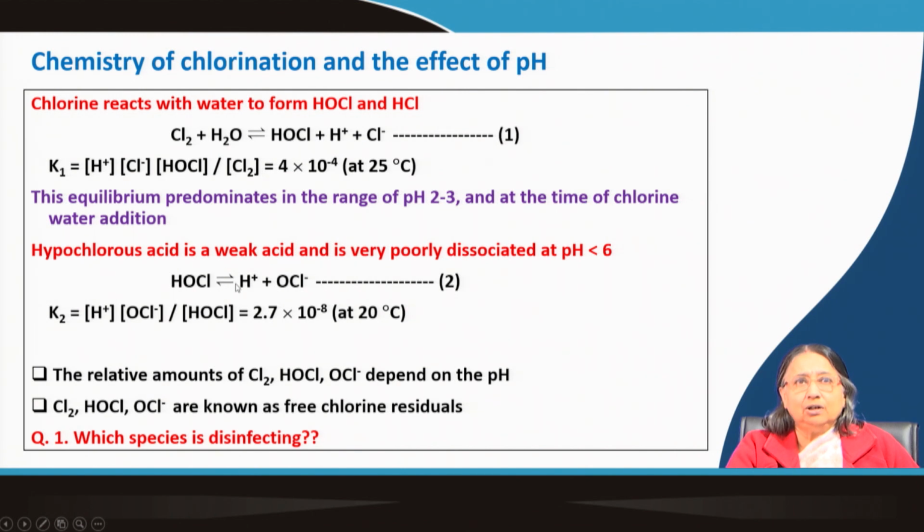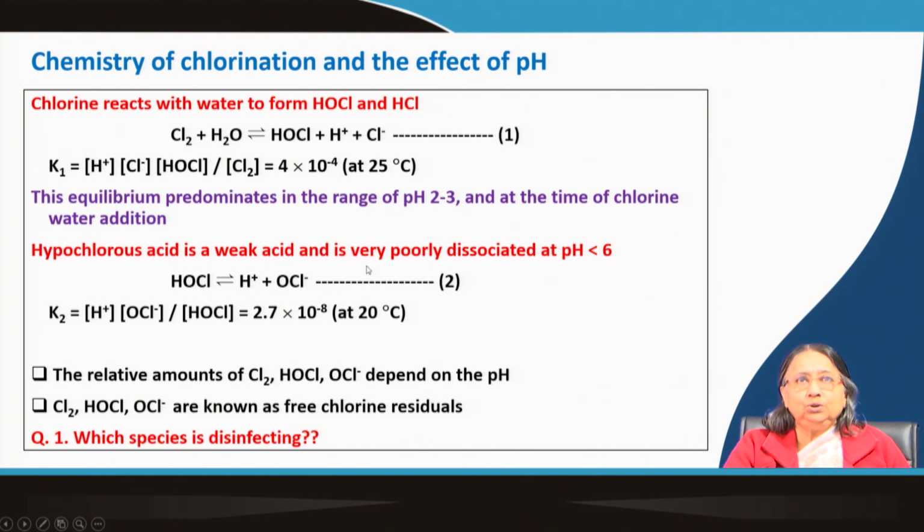So, it is always in equilibrium with H plus and OCl minus. Now, again H plus if you can remove, then more and more OCl minus will be formed from HOCl. Okay. And the equilibrium constant for this reaction is H plus concentration into OCl minus concentration by HOCl concentration, and this is nothing but 2.7 into 10 to the minus 8 at 20 degree centigrade.